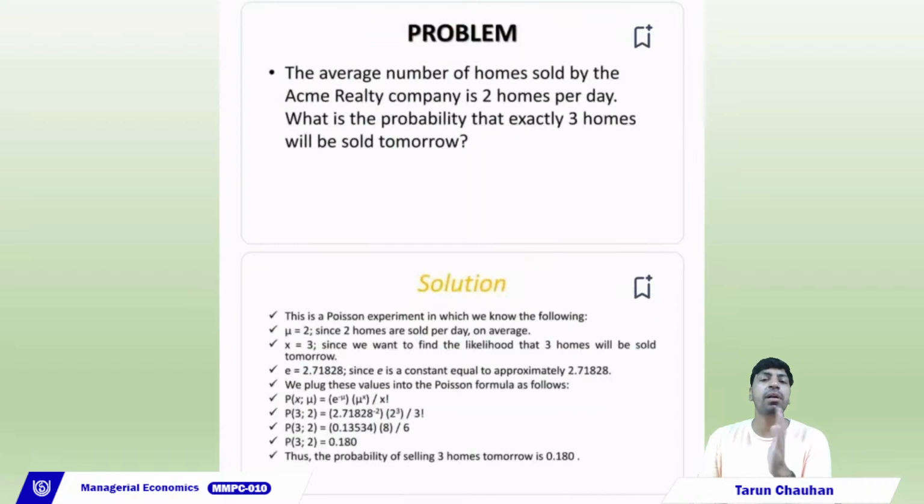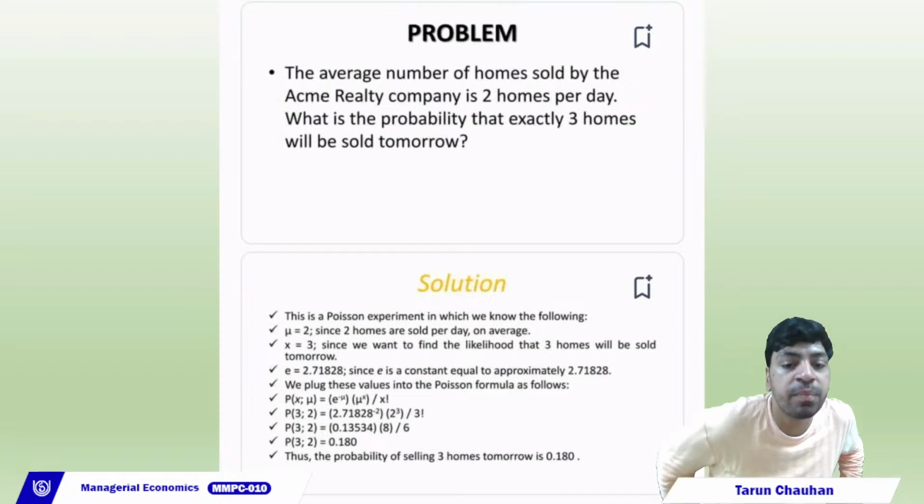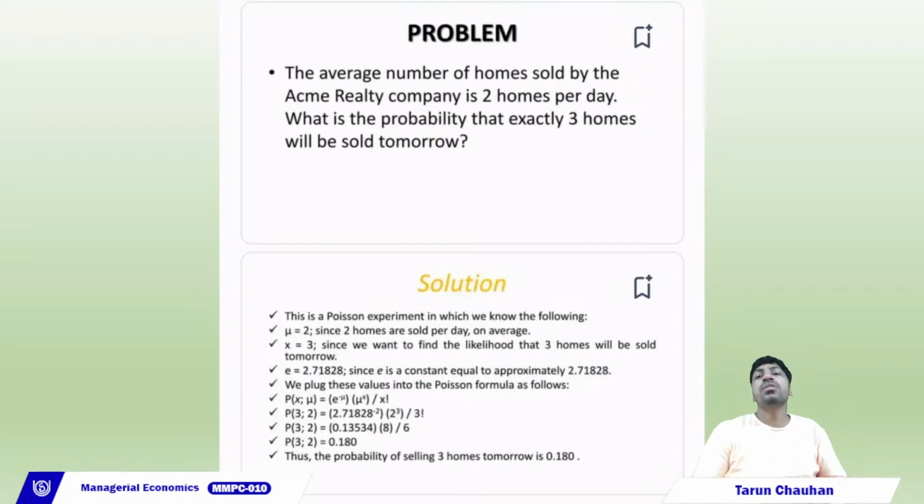This is a short example of Poisson distribution to give more clarity on how to use the mathematical formula. The average number of homes sold by HP Realty Company is 2 homes per day. What is the probability that exactly 3 homes will be sold? Here is the formula of the Poisson distribution.